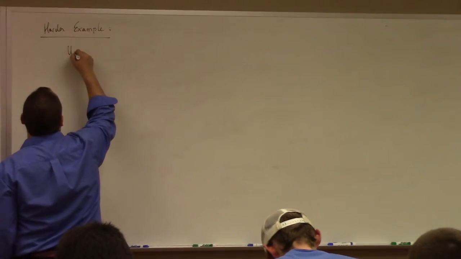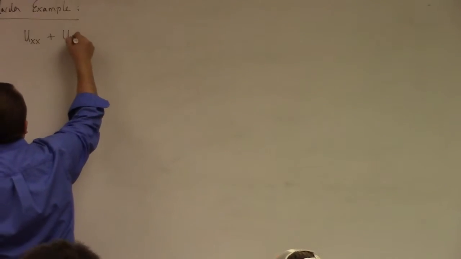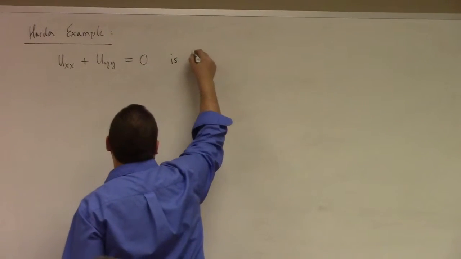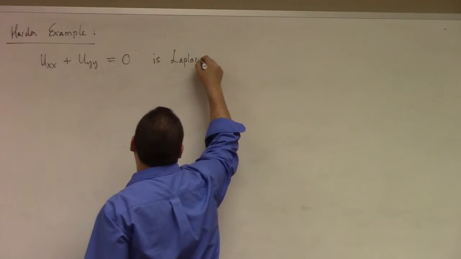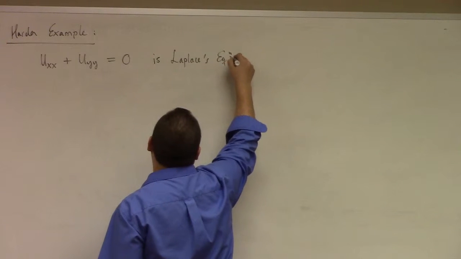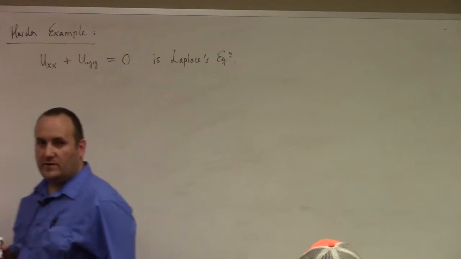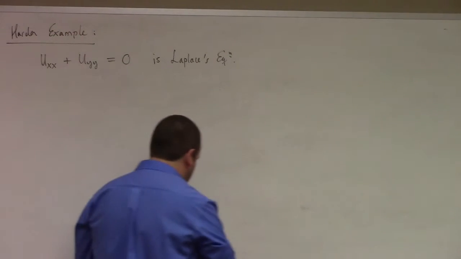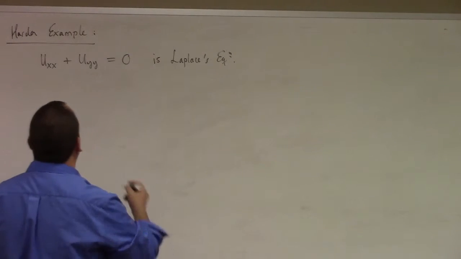So u_xx plus u_yy equals 0 is known as Laplace's equation. Here's a hard question of chain rule: convert Laplace's equation to polar coordinates. What is Laplace's equation in polar coordinates?